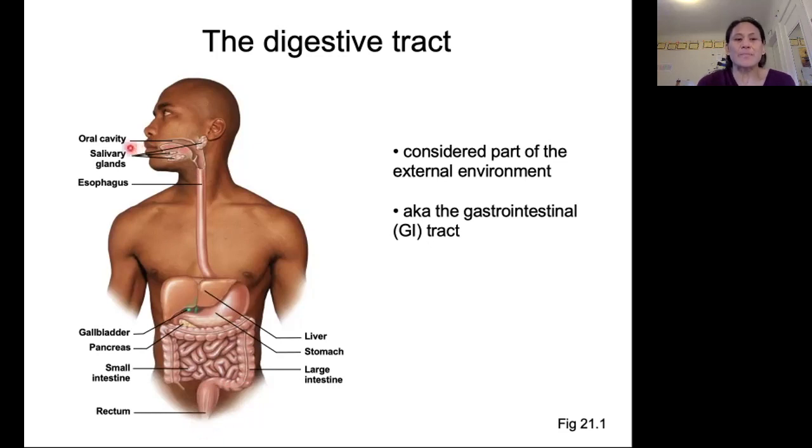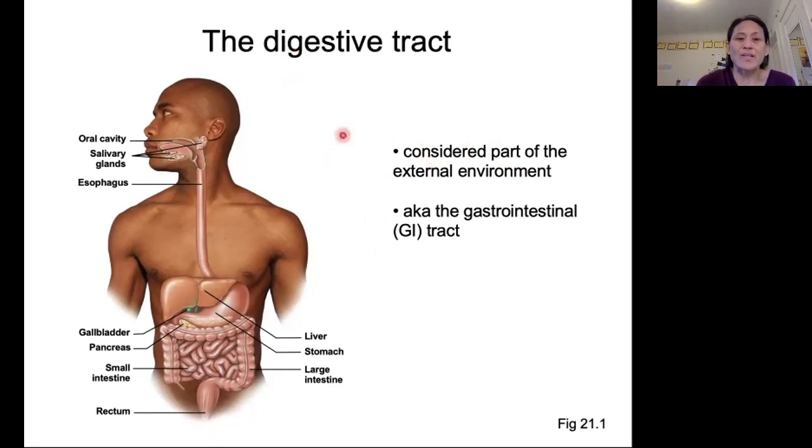And basically, it's considered part of the external environment. So, like I said, it's not exactly part of our bodies. It's more like a hole that goes through our body, a tunnel through our body, right? So, if you think of a tunnel going through a mountain, the tunnel isn't exactly part of the mountain, but it goes through. Okay, so that's kind of what the digestive tract is like.